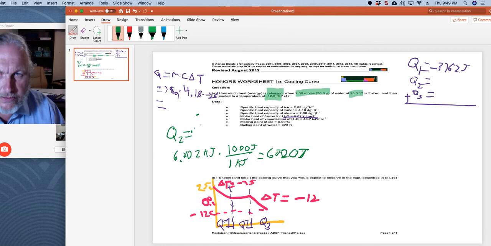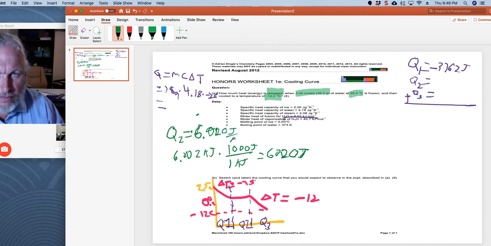So that's 6,020 joules per mole. And I have how many moles? 2 moles. All right, and cancel those out.